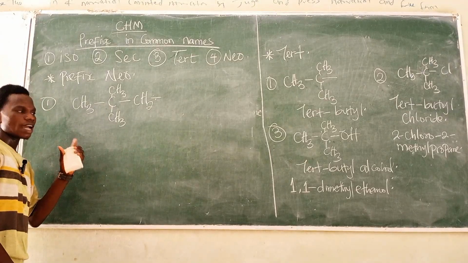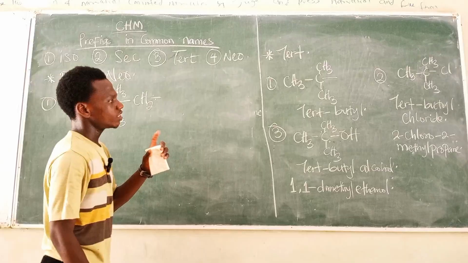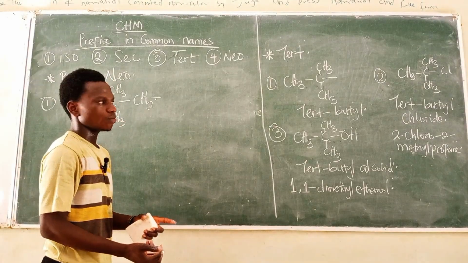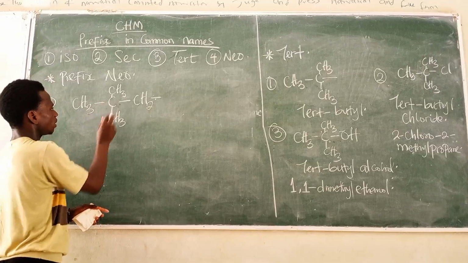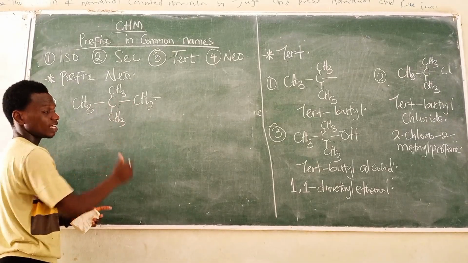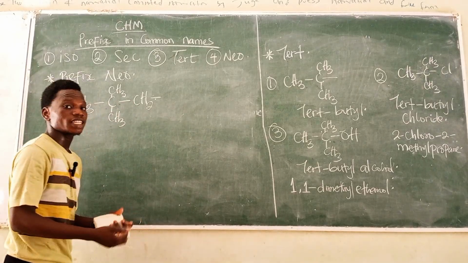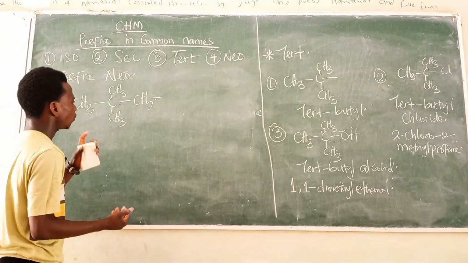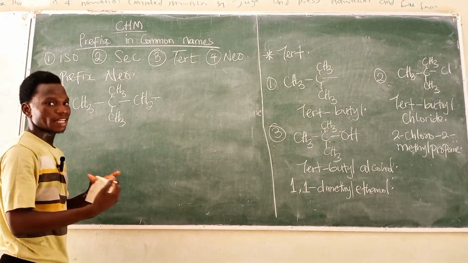So now look at why I said the prefix tert cannot be anything other than tert-butyl, because when you have this to be tert-pentyl, then that is automatically wrong, because there's nothing like tert-pentyl. Only what you have is neopentyl.